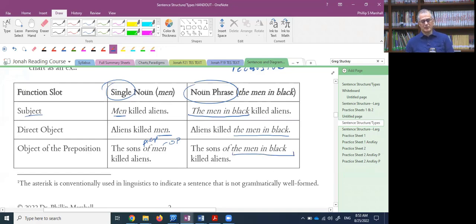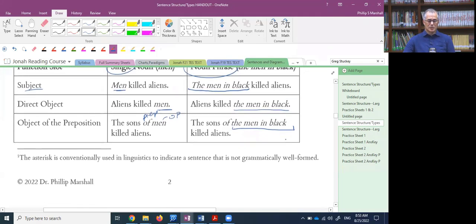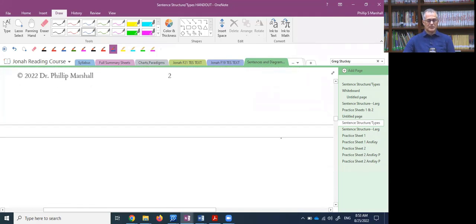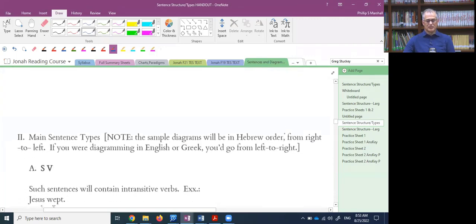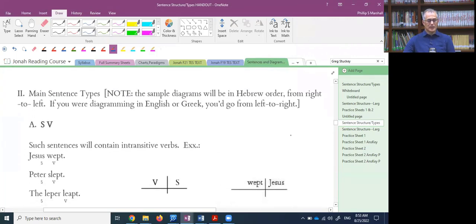The sons of the men in black killed aliens. So I can plug in larger and larger types of phrases to fill those function slots. And what we're going to see is that it isn't just phrases, but whole clauses that can fill a function slot also, right? And we'll get to that in the next handout.